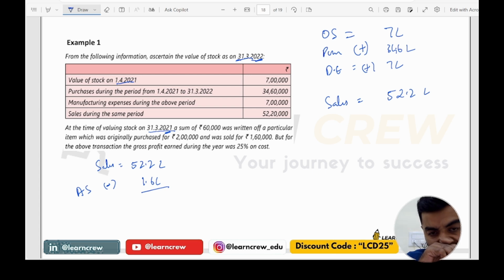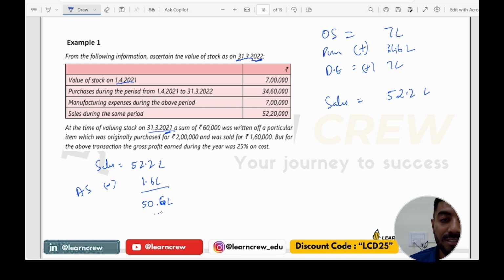You'll be getting 50.6 lakh. This is the actual sales which is happening.